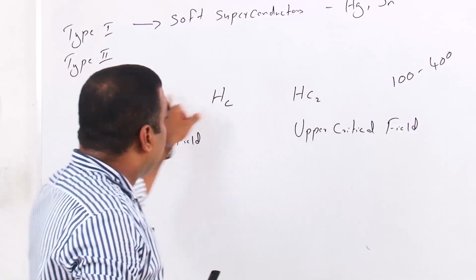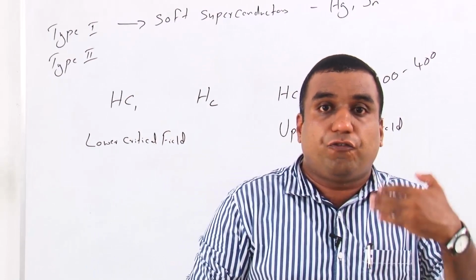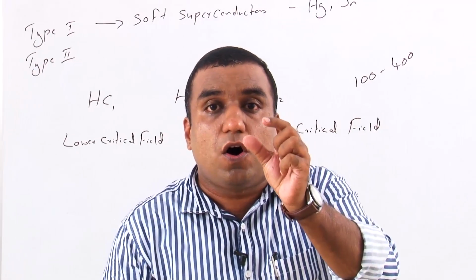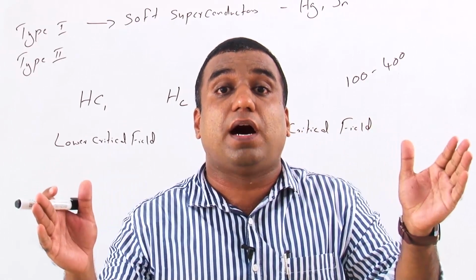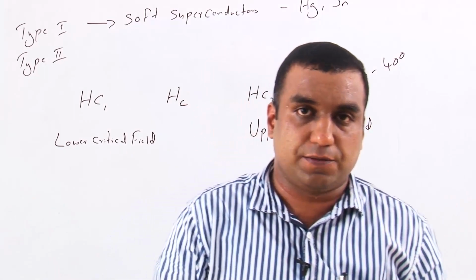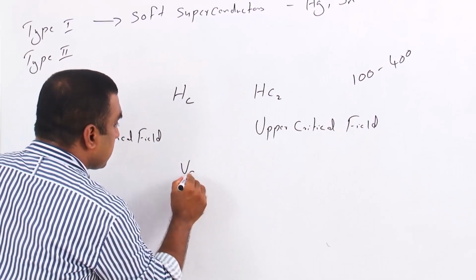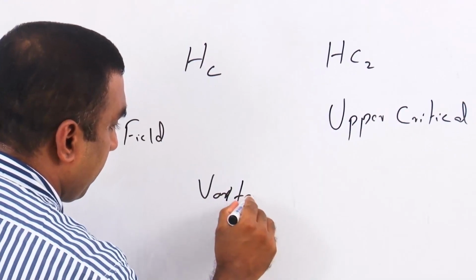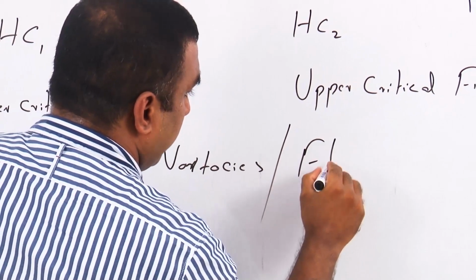Between Hc1 and Hc2, the material forms small superconducting regions surrounded by normal regions. Such regions are called vortices or fluxoids.